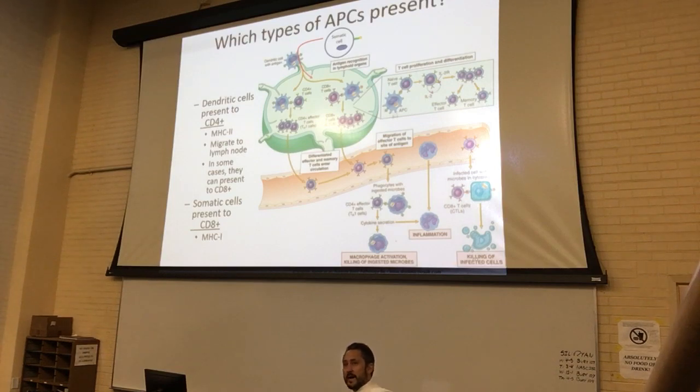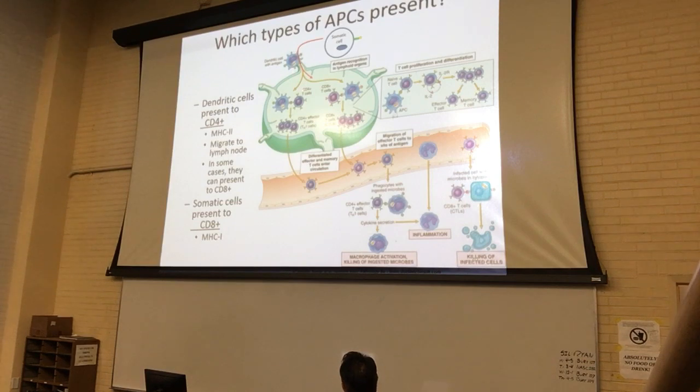An infected cell will actually display the antigen on its surface. But an antigen-presenting cell is the more commonly circulating cell that moves around and grabs up antigens and displays them. And so the pathway that we looked at is an antigen-presenting cell with an antigen, like a dendritic cell, for example.